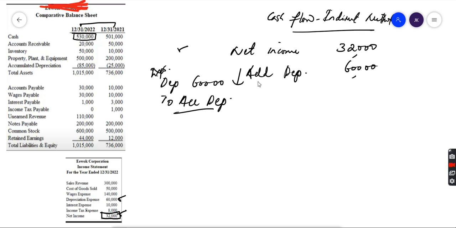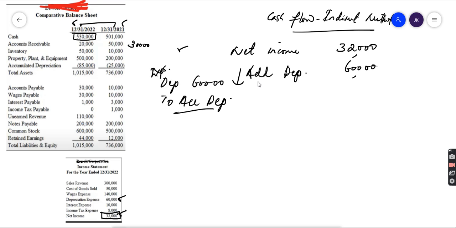So we'll see whether these things, current assets, have increased or not. So how do we see that? Let's see. This is 2021. This is 2022. Fair enough. Okay, accounts receivable was 50,000, but now it is 20,000. That means accounts receivable decreased by 30,000. Okay, that's a good sign.